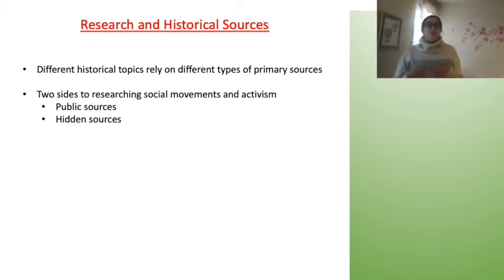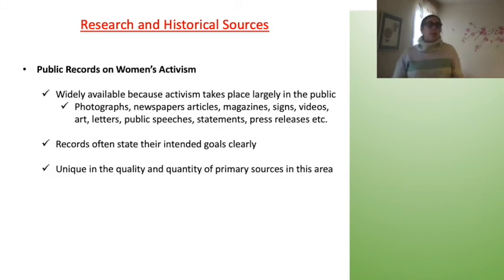So we have an abundance of records from particular movements that are easy to get, right? When activists were working towards certain goals and wanting public support, they wanted their message to be out there. They wanted their pictures to be out there, their images, their art. And so these things have been preserved, have been created intentionally, and are really widespread.